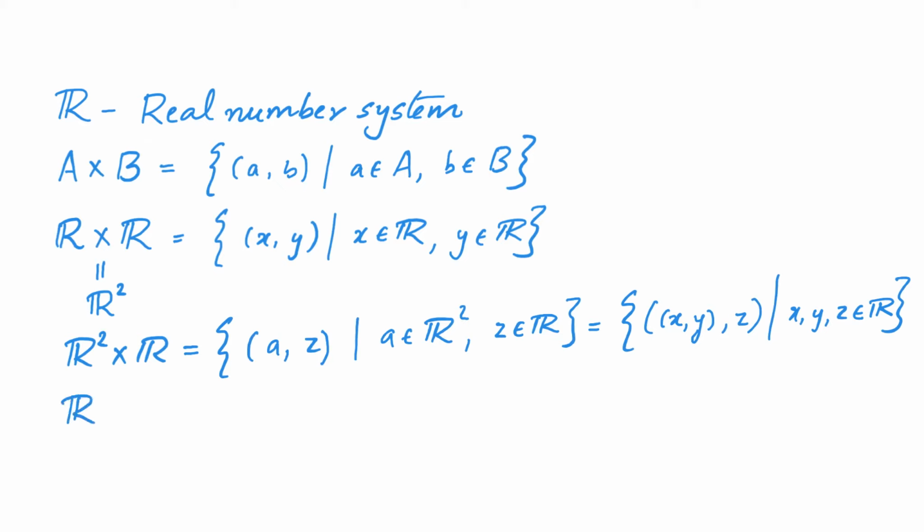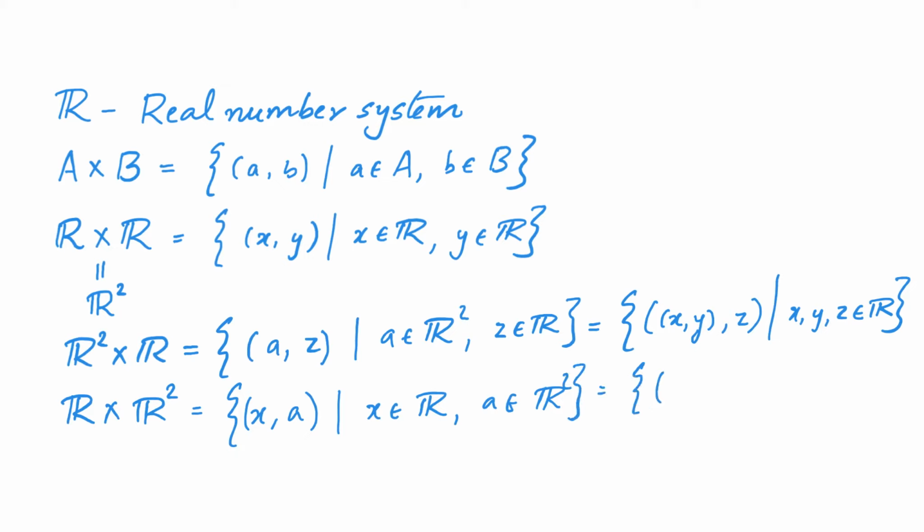Notice that if instead you had taken R cross R2, then you would get (x, A) such that x belongs to R and A belongs to R2. So this can be written as the set of all (x, y, z), where x, y, z belong to R.